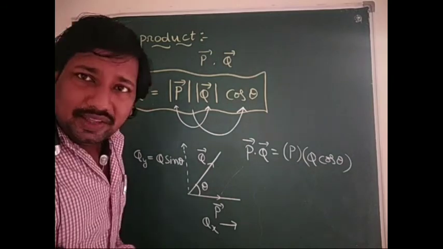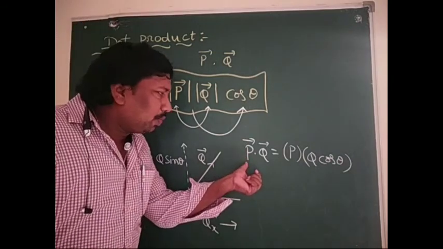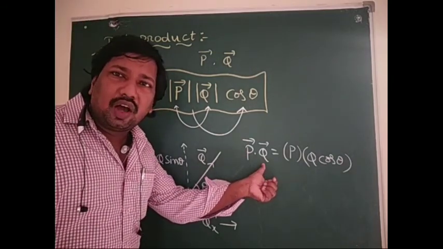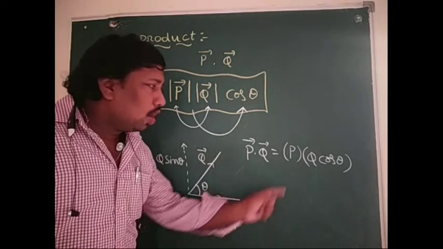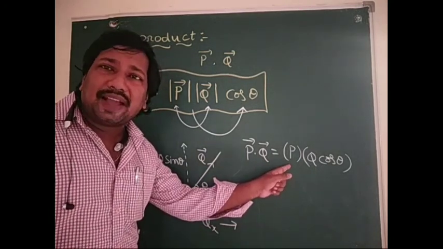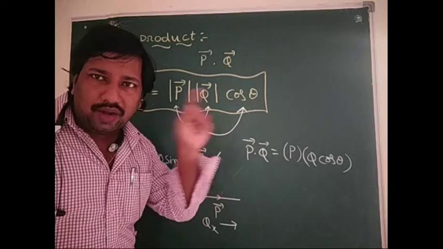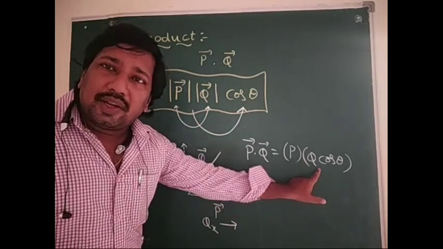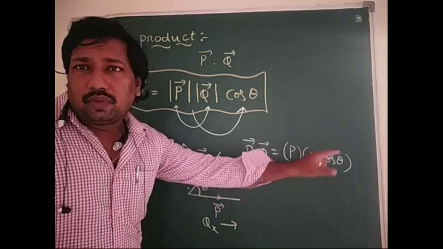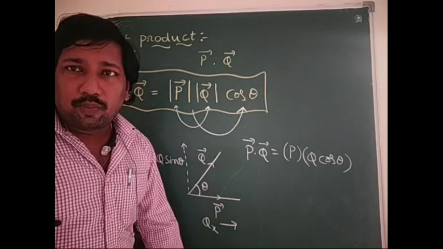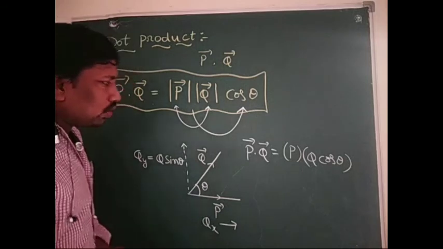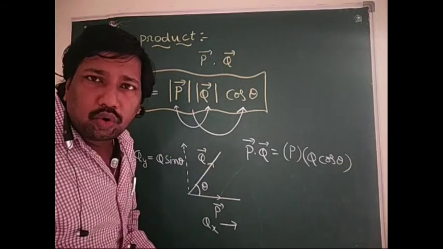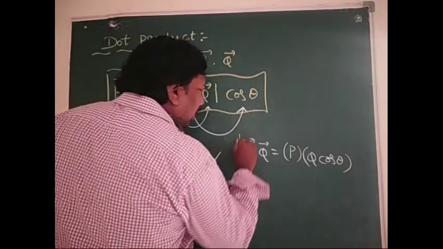Another definition is that the dot product of any two vectors is equal to the product of the magnitude of one vector and the component of the second vector. So p bar dot q bar equals pq cos theta.